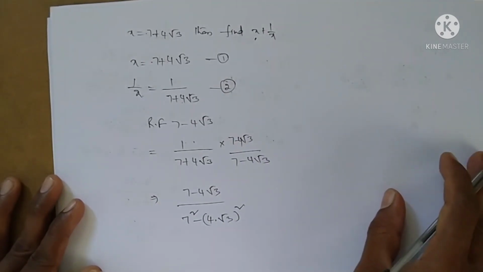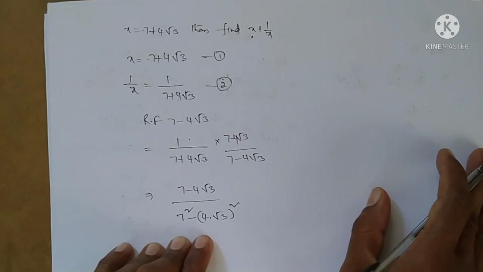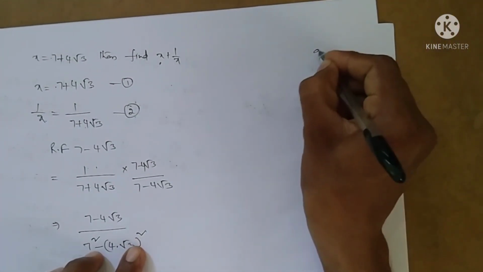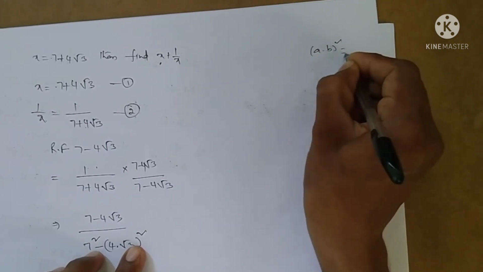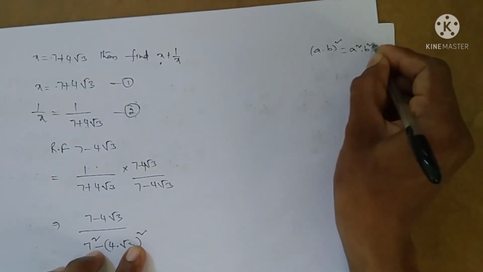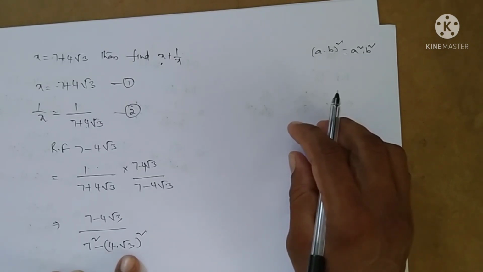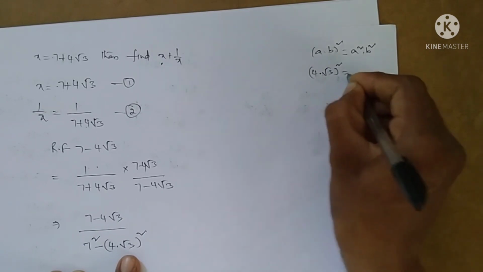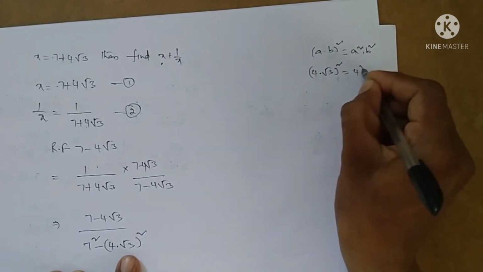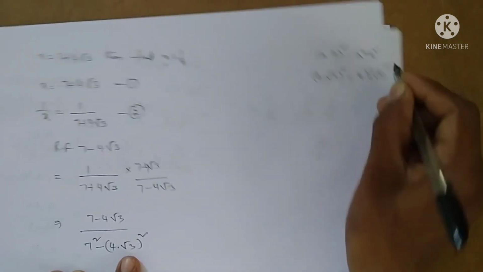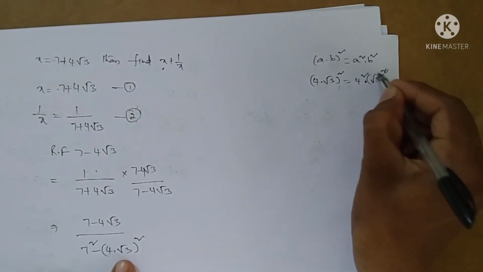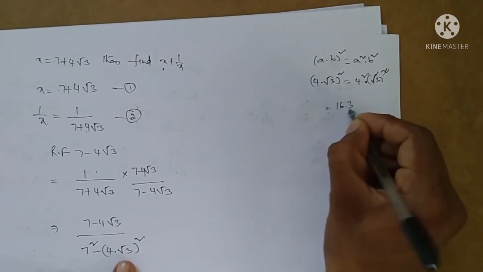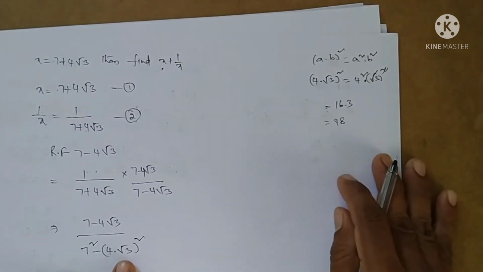Here it is of the form a into b whole square, the result is a square into b square. So that is equals to 4 square into root 3 whole square. So square root cancel. So that is equals to 4 4s are 16 into 3 is 48.